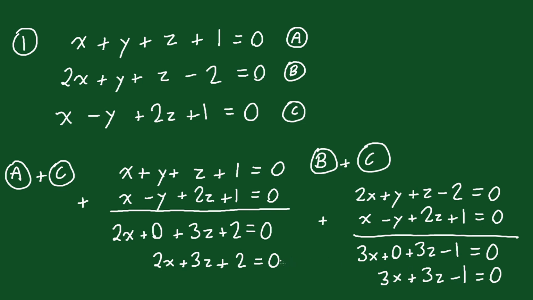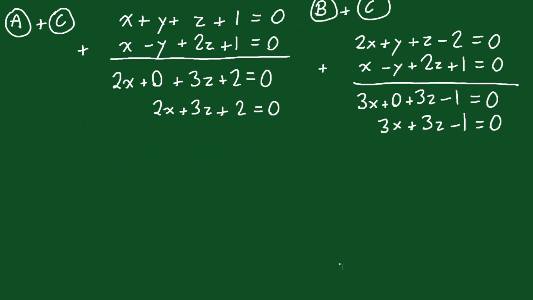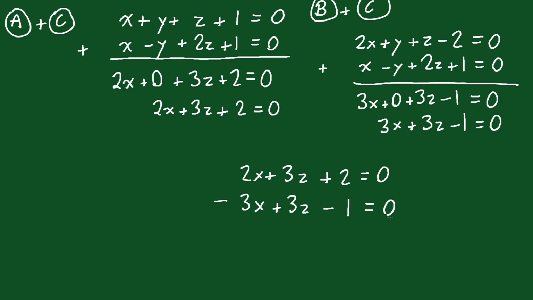So using these two equations that I got, I can now figure out what x and z are equal to. So I'm going to do 2x plus 3z plus 2 equals 0, and I think I'm going to subtract 3x plus 3z minus 1 is equal to 0.